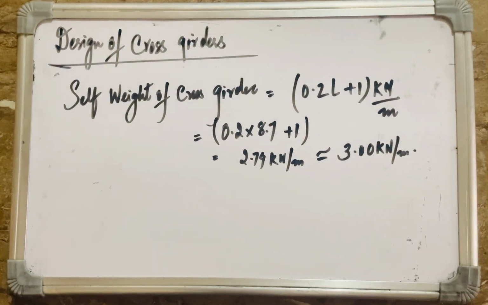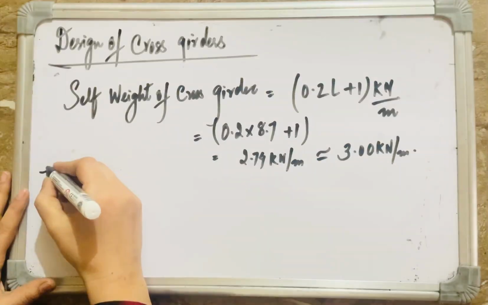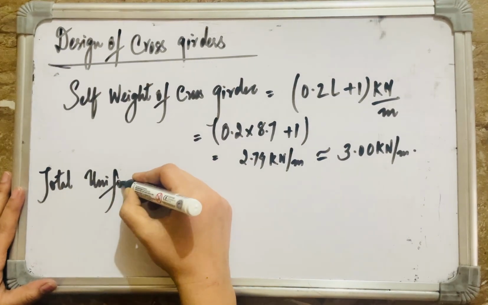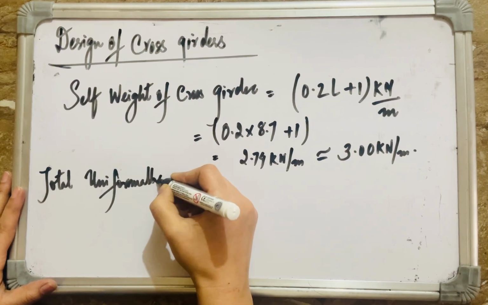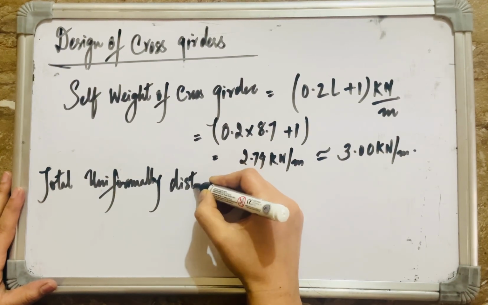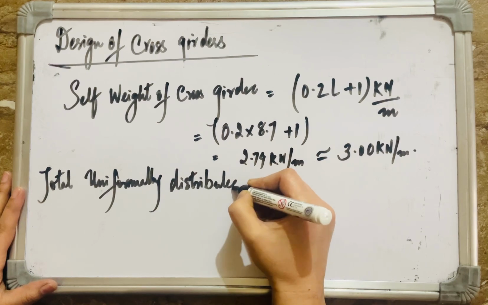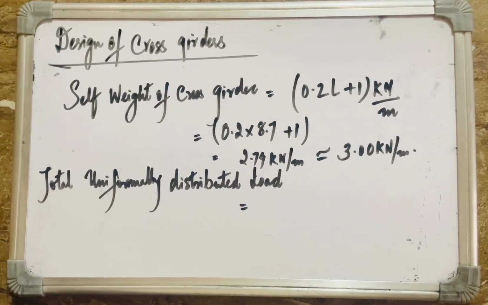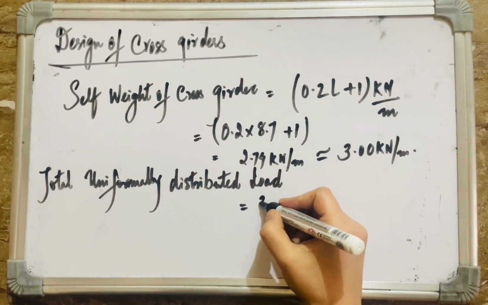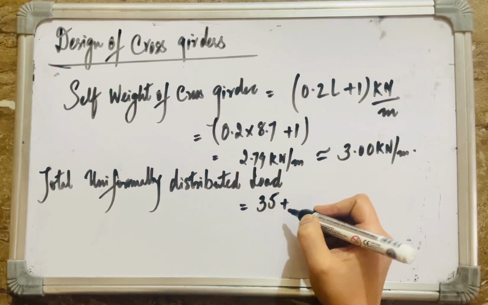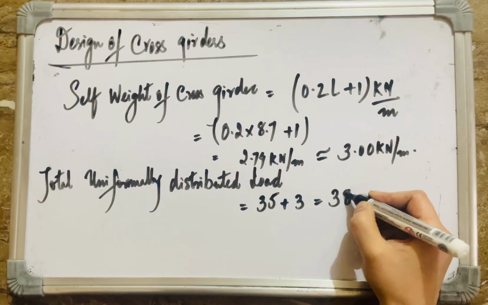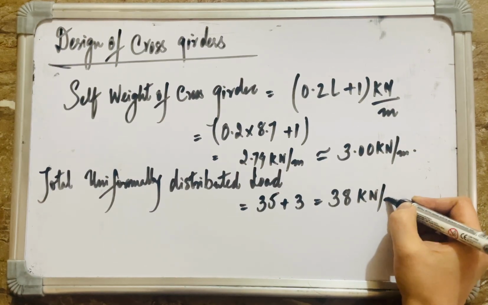All right, now the total uniformly distributed load on the cross girder is equal to how much? It was dead load due to slab and wearing coat, that was 35 kilonewton per meter. Then its self weight, that is 3. So it is equal to 38 kilonewton per meter.